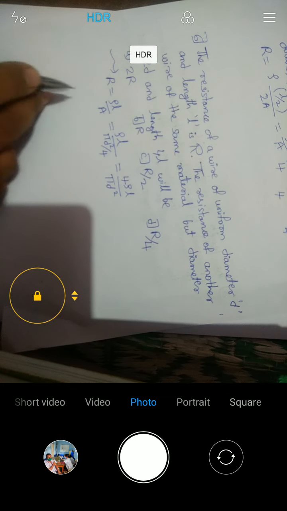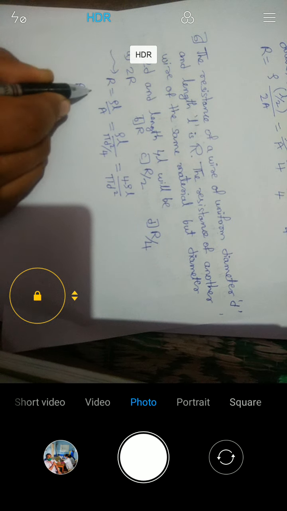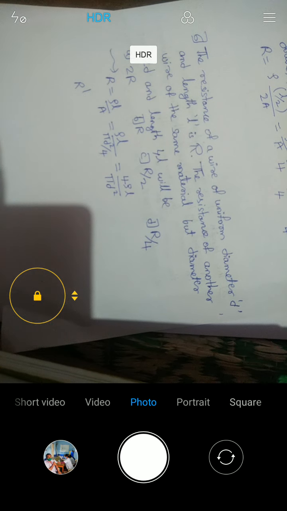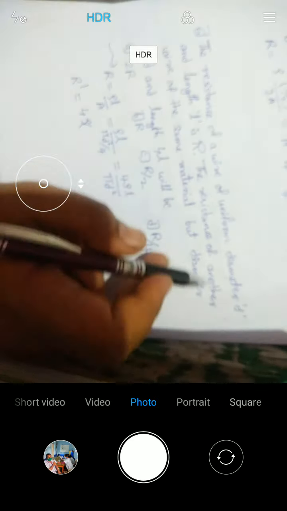Suppose this is the R value. Then for another resistance R dash, R dash is equal to 4 rho, in bracket the length.